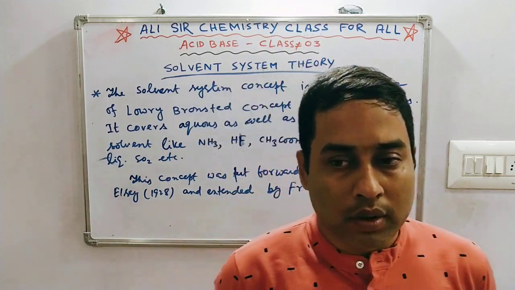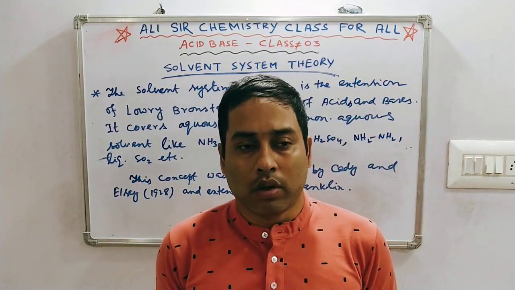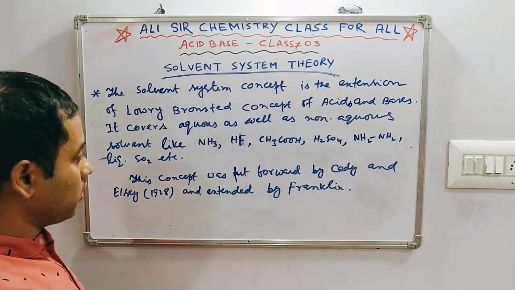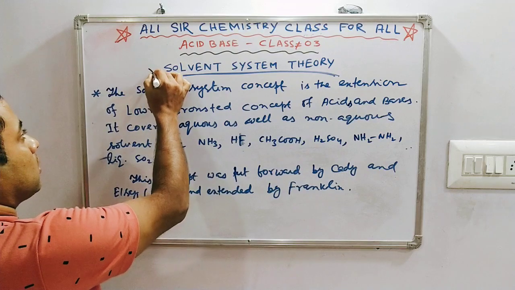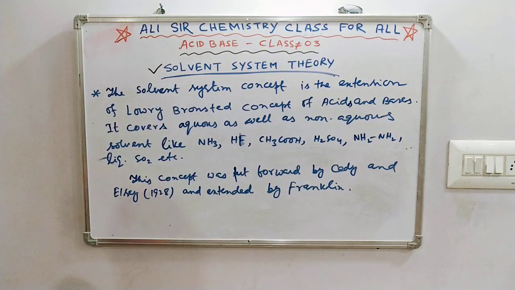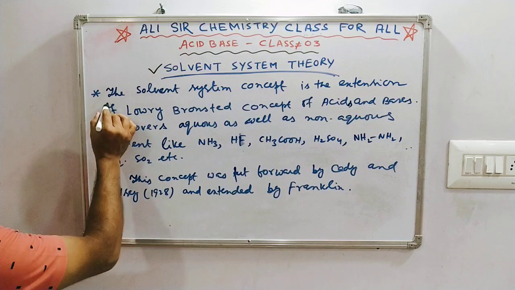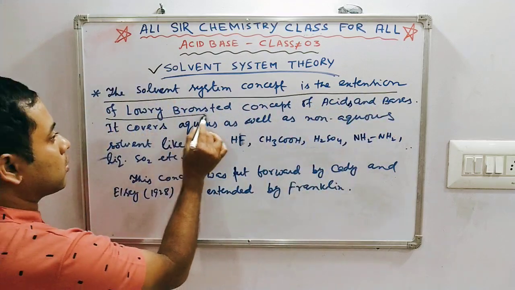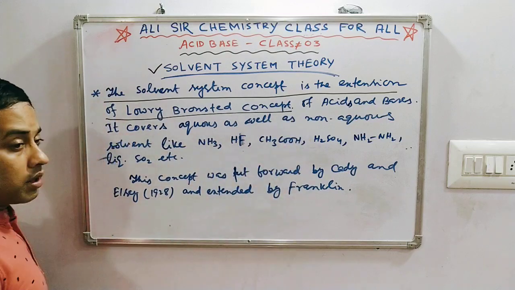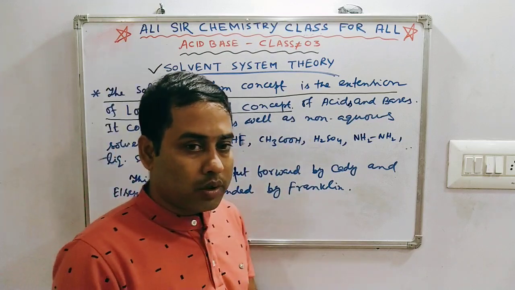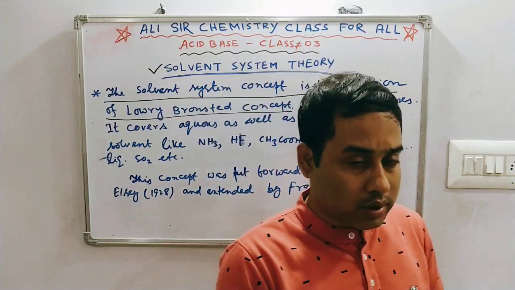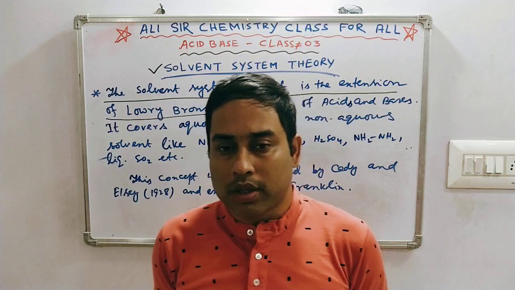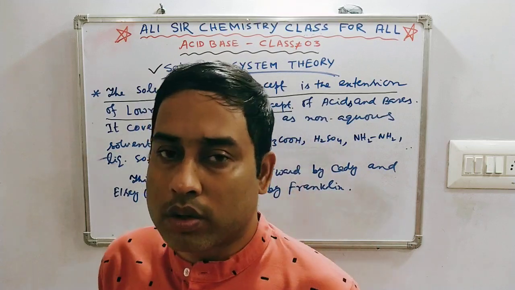Students, listen carefully. It will be very helpful for you in future. So what is written here? Today's class is the solvent system theory. The solvent system concept is an extension of the Lowry-Bronsted concept. It means that in the Lowry-Bronsted concept we learned that acid base property depends only on aqueous solvent.